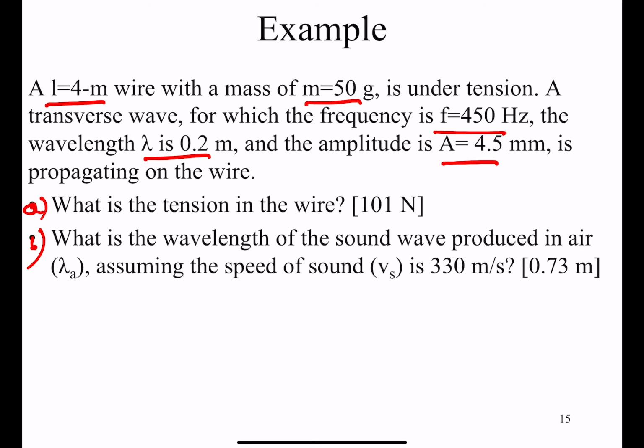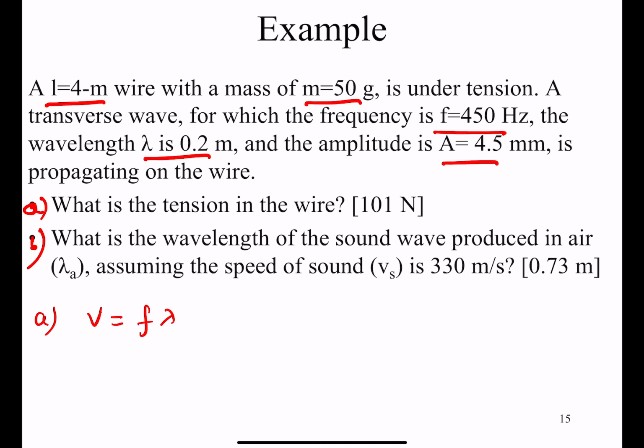Well, let's see what we can figure out. We have the mass and the length of the wire, and we also have the frequency and the wavelength of the wave that's propagating through the wire. So can we find the velocity of the wave? Yes. The velocity of the wave is going to be f multiplied by lambda. I'm just going to work in letters and not plug in any numbers.